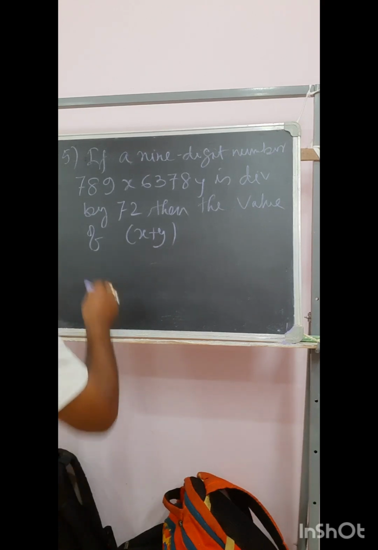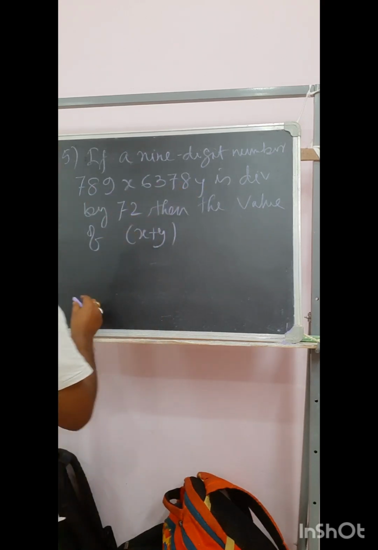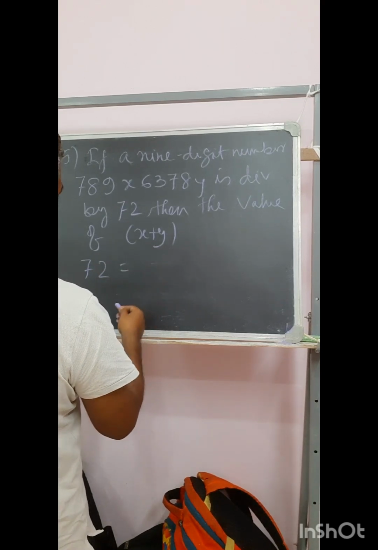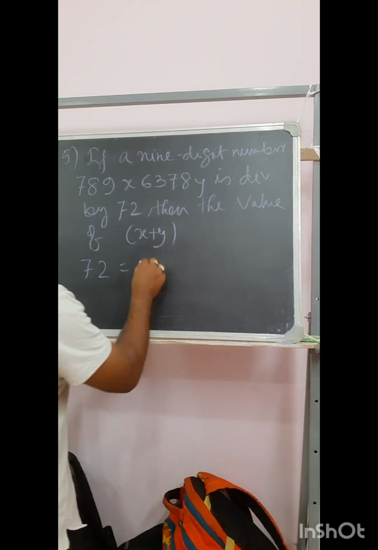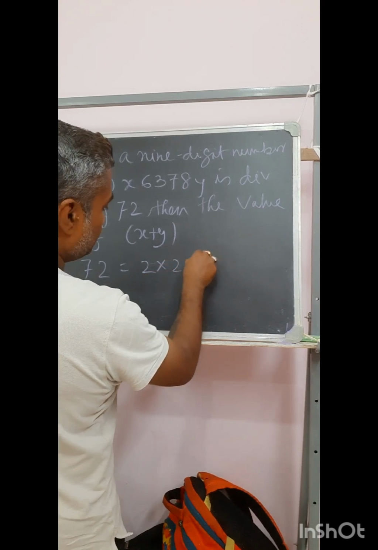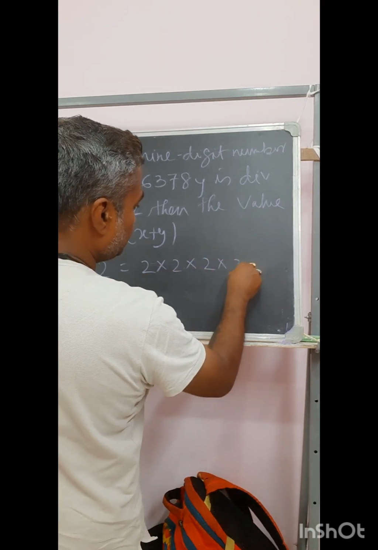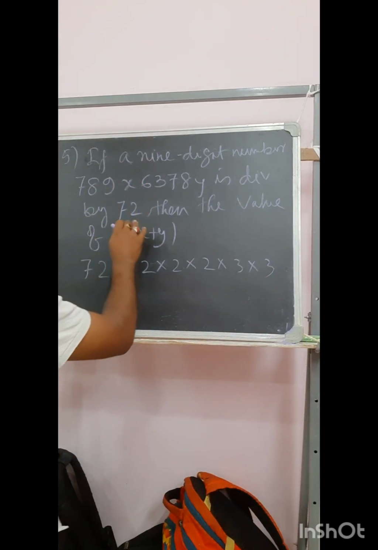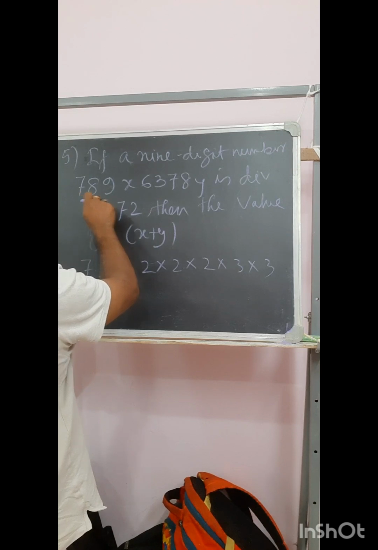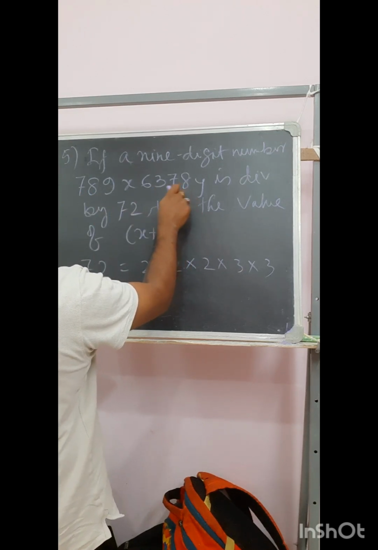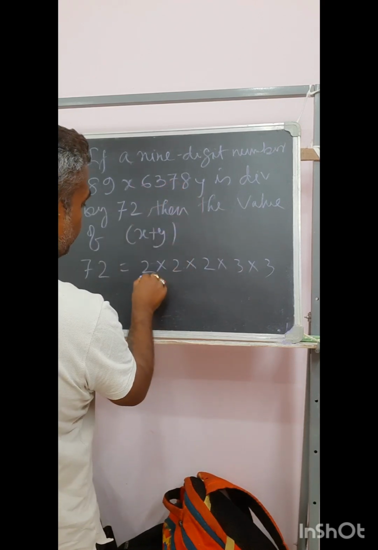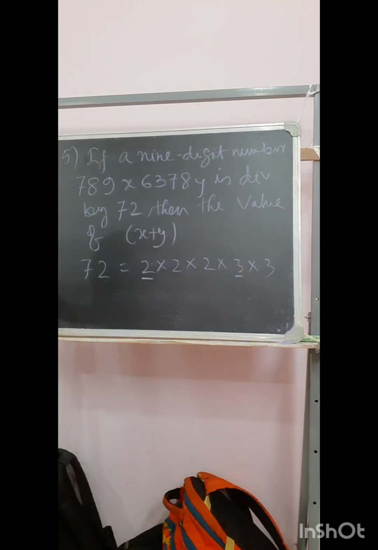Starting with, because this number is divisible by 72, I can get 72 by 2 into 2 into 2 into 3 into 3. That means if this number is perfectly divisible by 72, then this number must be divisible by 2 and 3 as prime numbers.